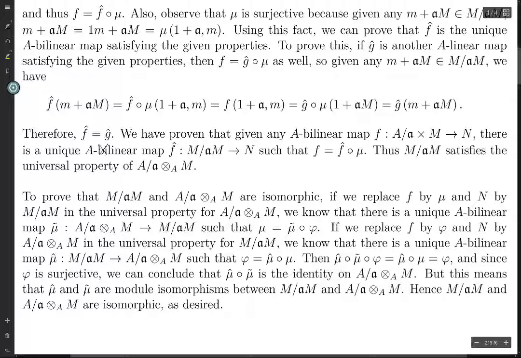So now, if we replace f by phi and n by this tensor product in the universal property for M mod AM, then there's a unique linear map, phi hat, such that phi is phi hat composed with mu.